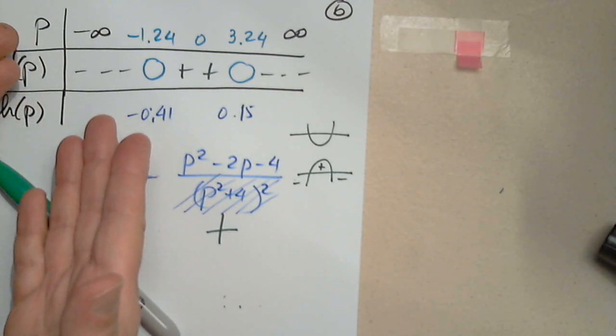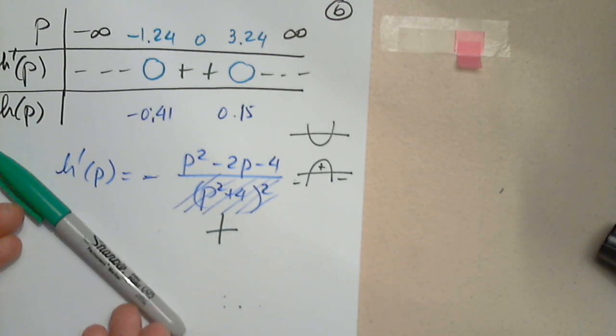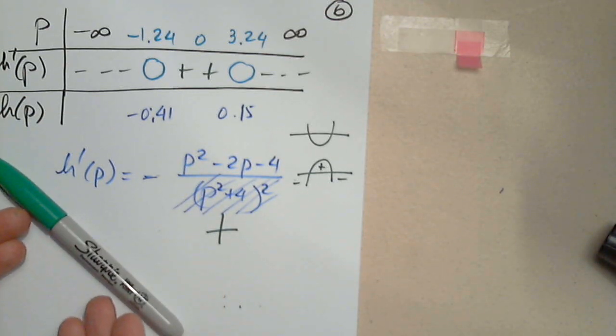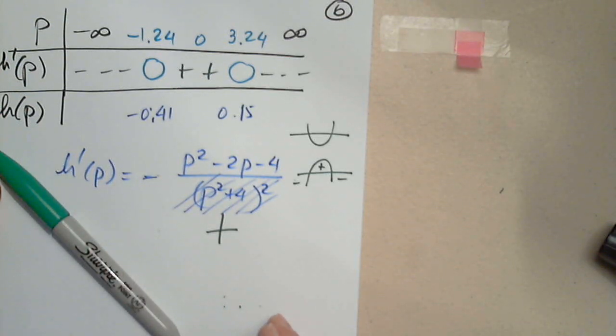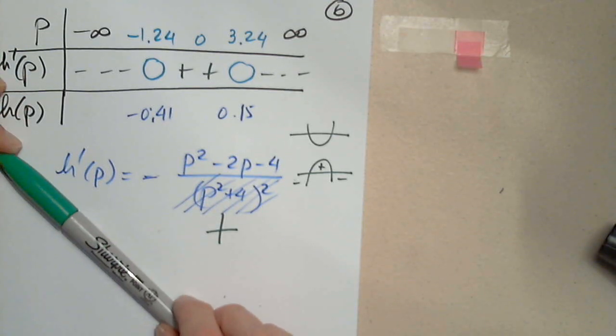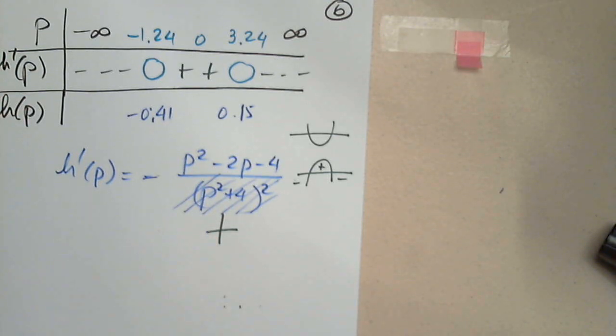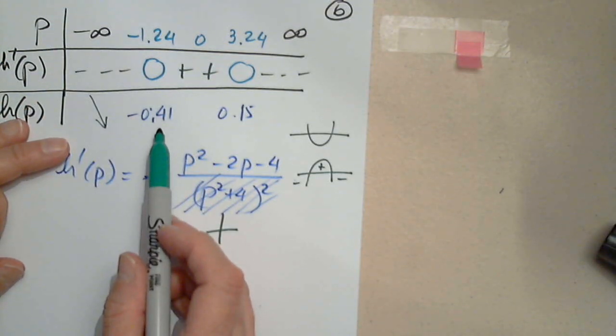In other words, the slope to the graph of p, h of p, is negative. If the slope is negative, what does the function do? When the slope is negative? Decreases. Of course. So this must, from whatever, decrease to this point.